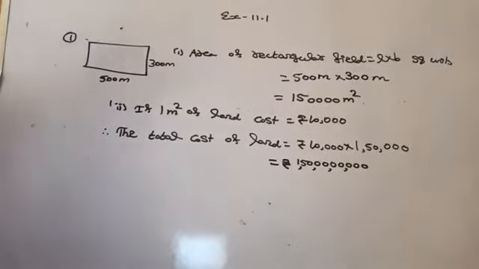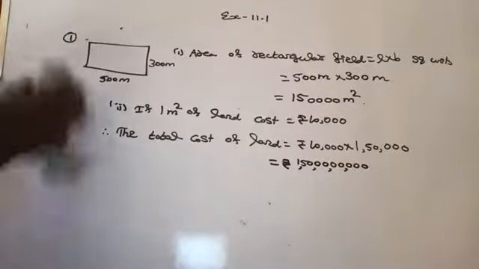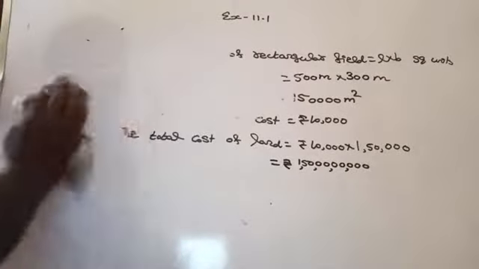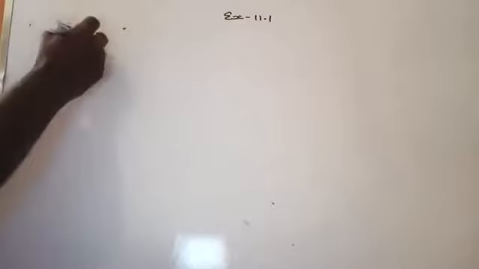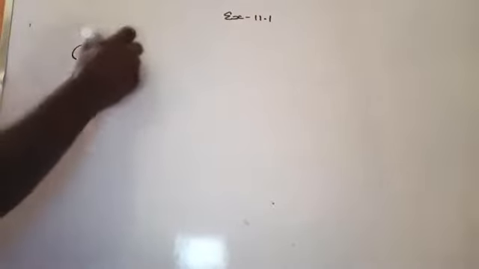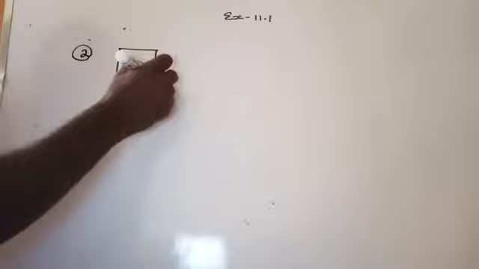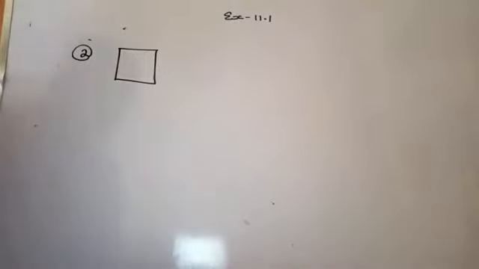In the second question, find the area of a square park whose perimeter is given as 320 meter. Exercise 11.1, question number 2. Am I right? Okay.